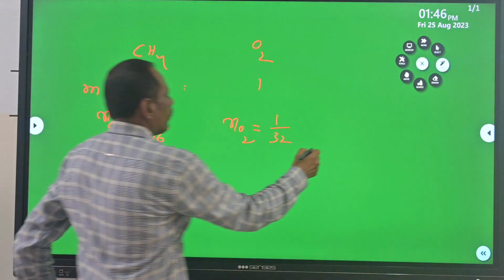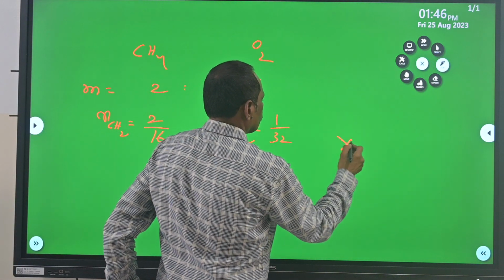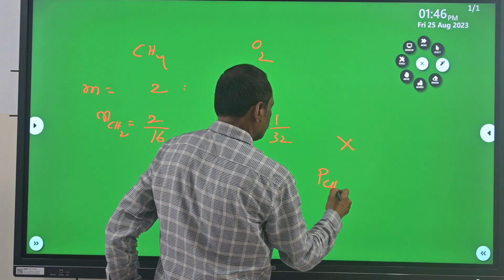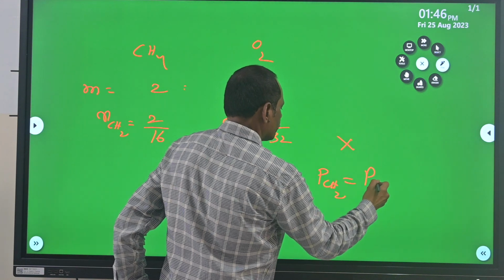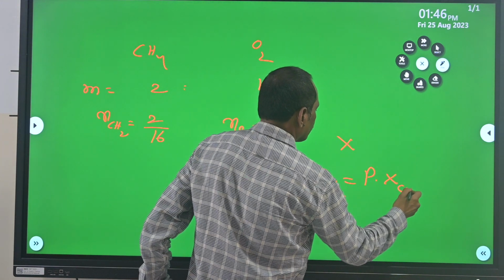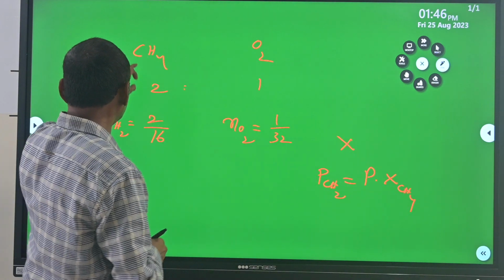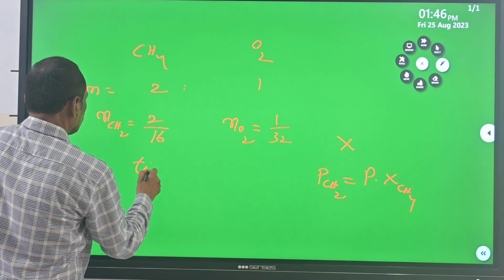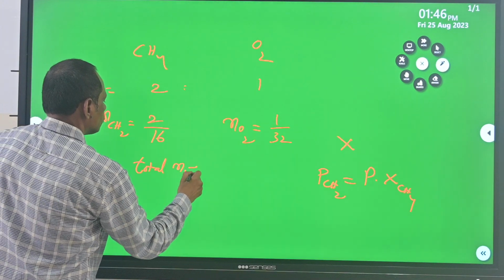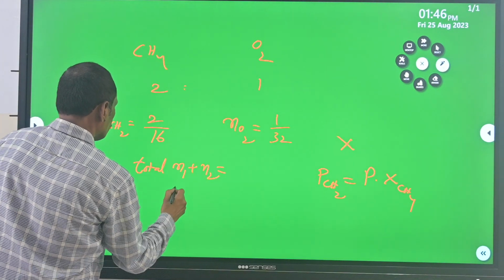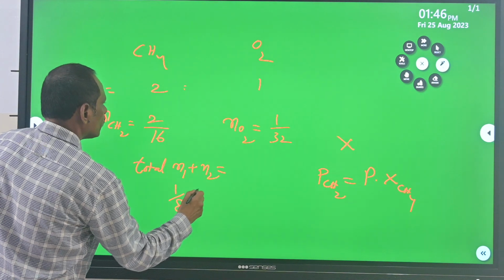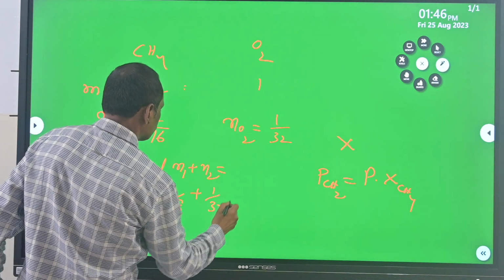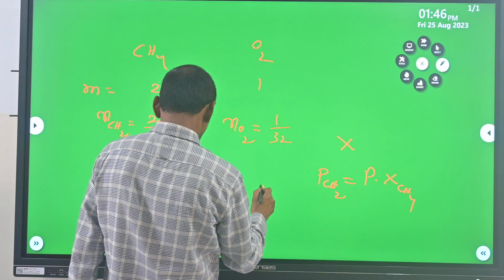Therefore, the partial pressure of methane is equal to total pressure into mole fraction of methane. Mole fraction of methane means mole number of methane by total mole number. The total mole number is equal to 2 by 16, that is 1 by 8, plus 1 by 32. That is equal to 5 by 32.